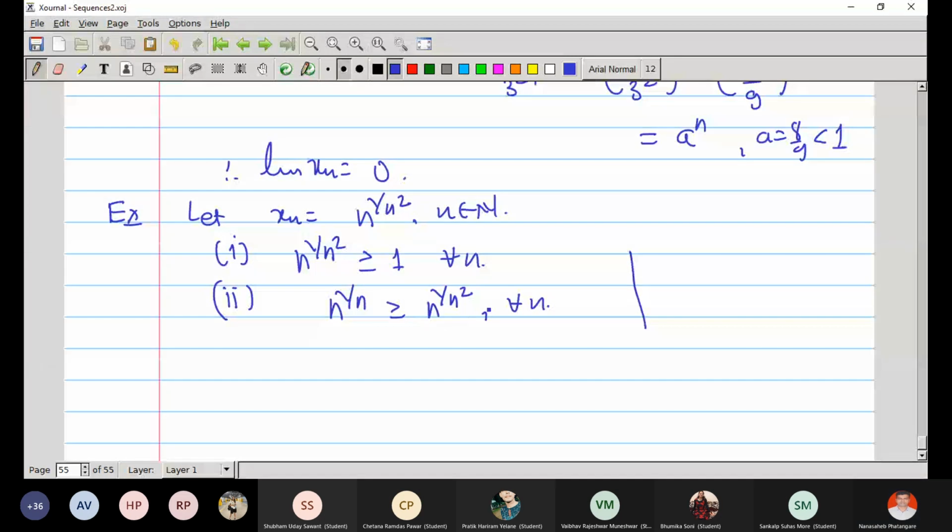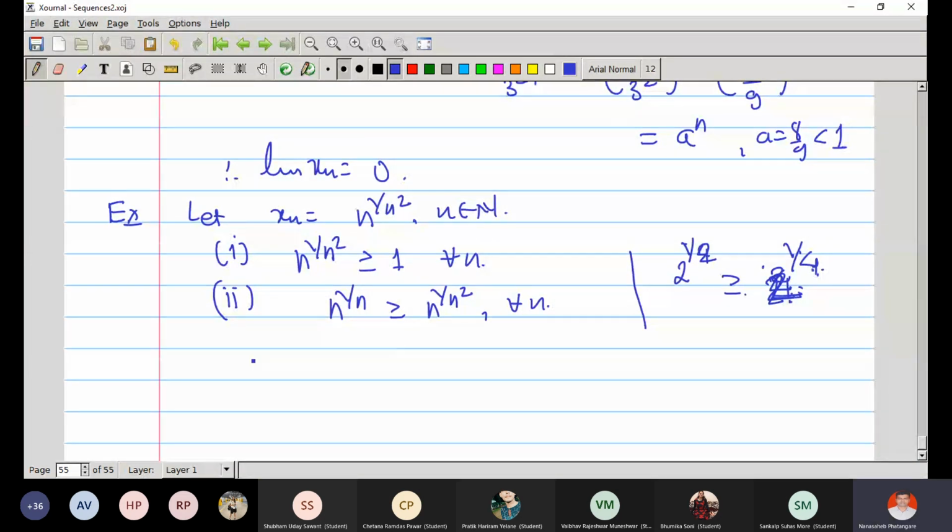It is like 2 raised to 1 by 2 and 2 raised to 1 by 4. Which quantity is smaller? If I take the square root of 2 and the fourth root of 2, certainly the fourth root is smaller, right? So the root is decreasing.